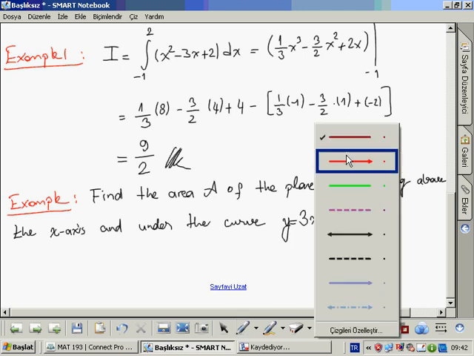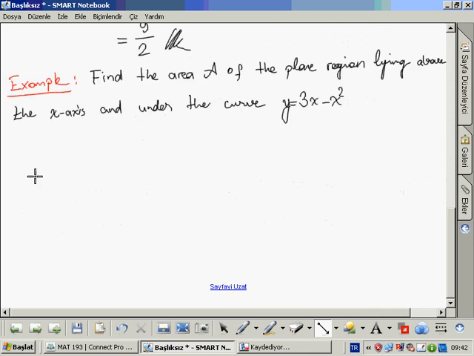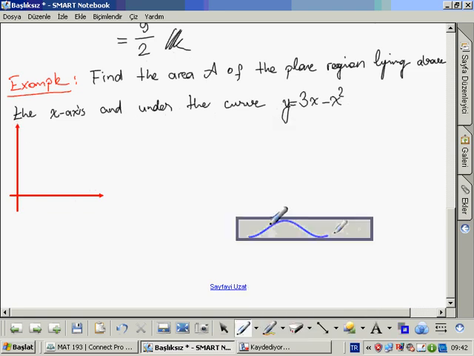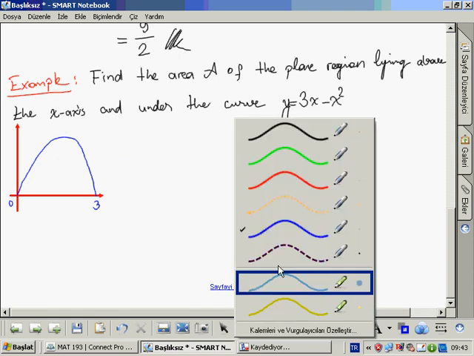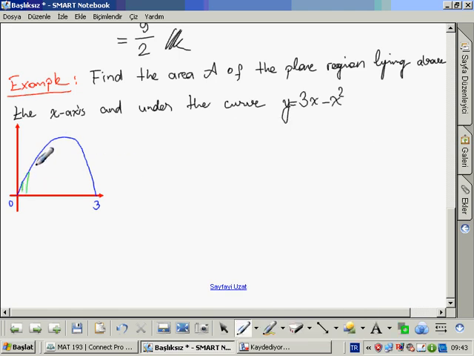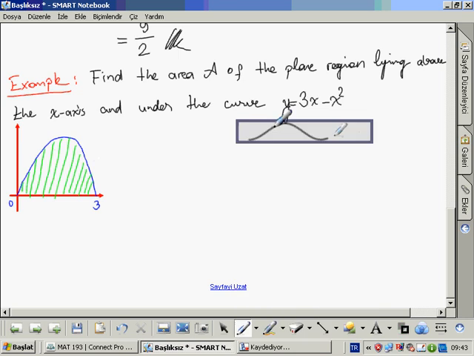If you try to sketch this on the coordinate system, you will probably obtain a curve like this. This point is 3, this point is 0, and this green shaded region is our area.